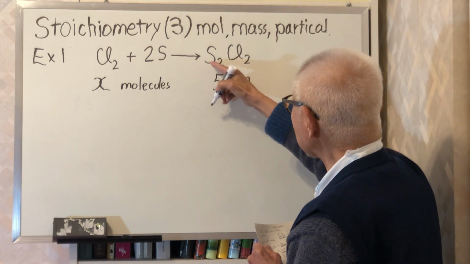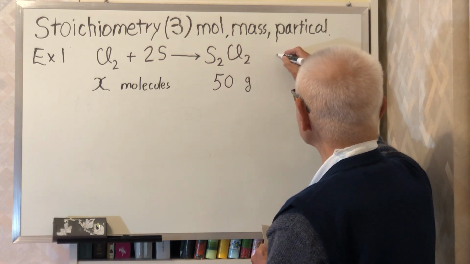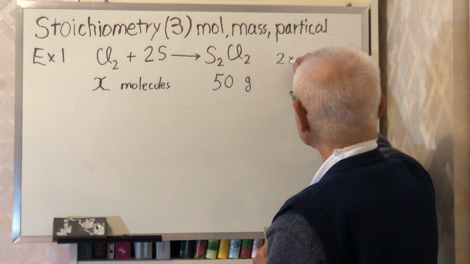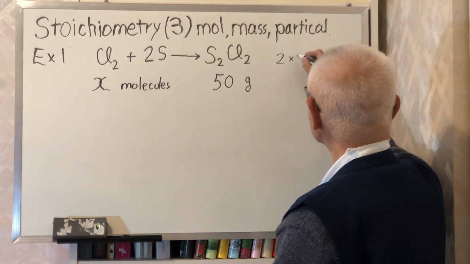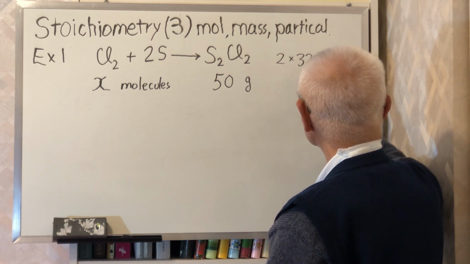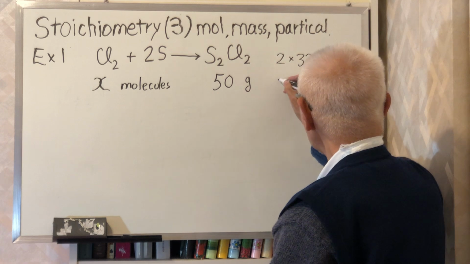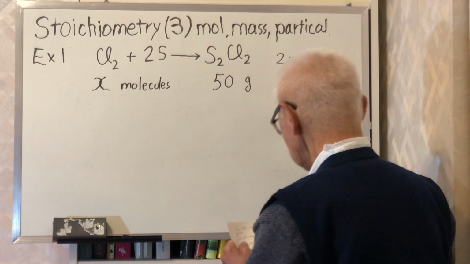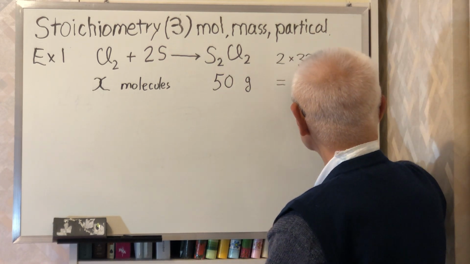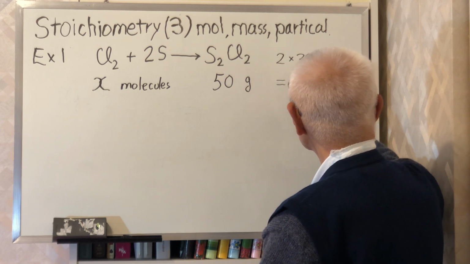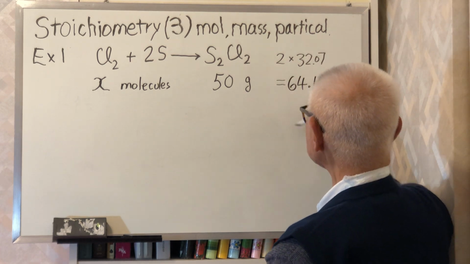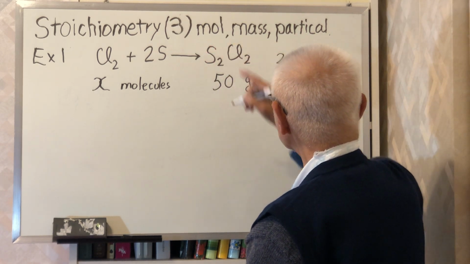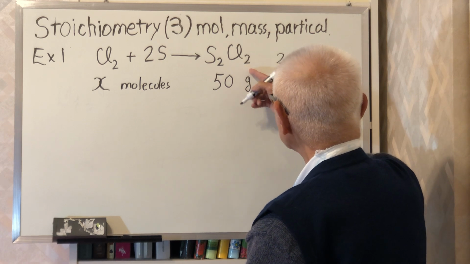But I have two atoms here, so I have 2 times the atomic mass of sulfur. This is the mass of S2, but I have Cl2.